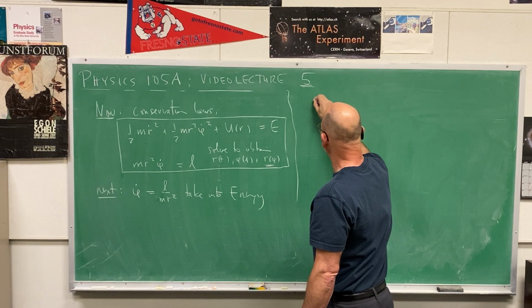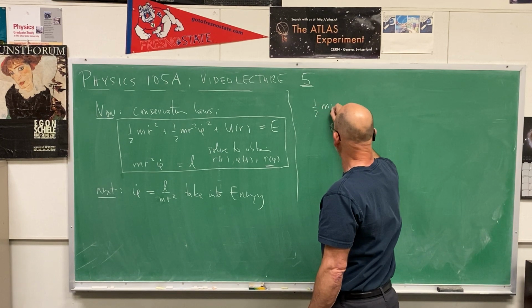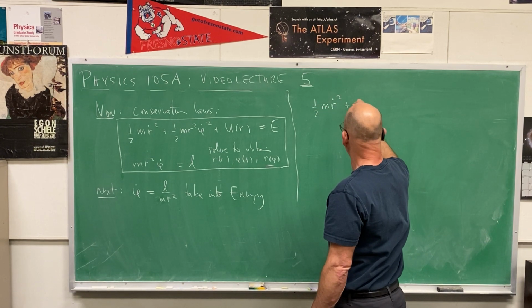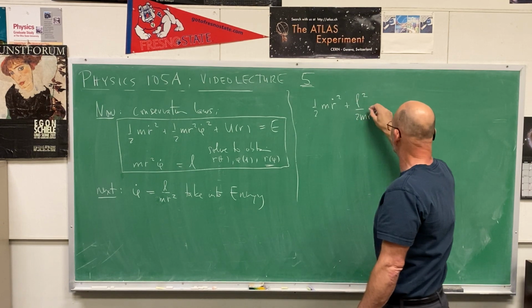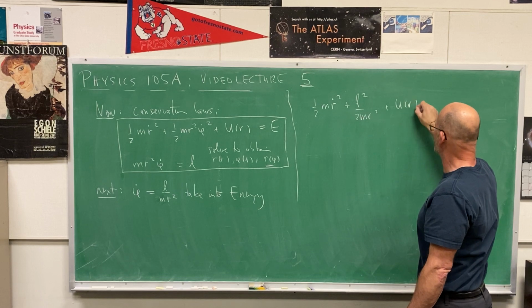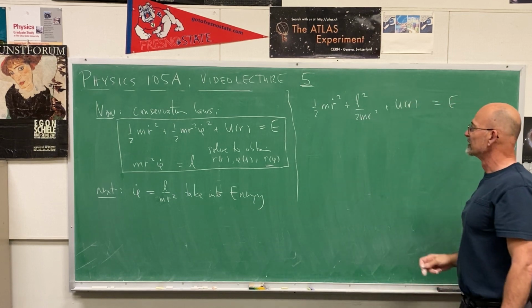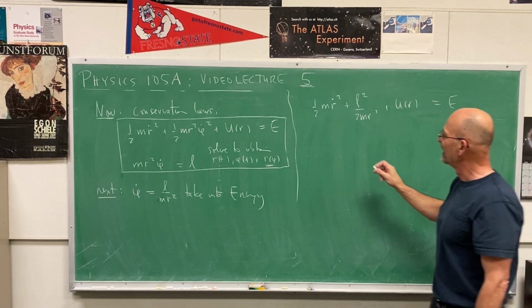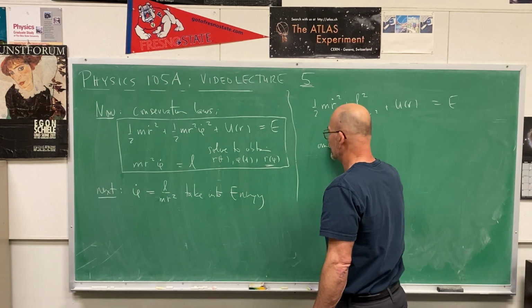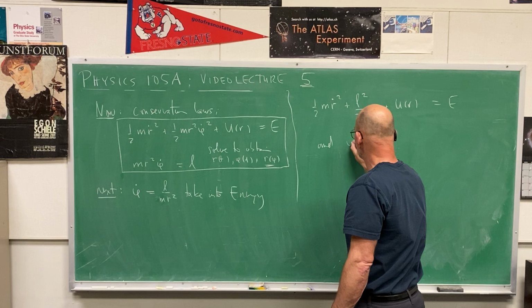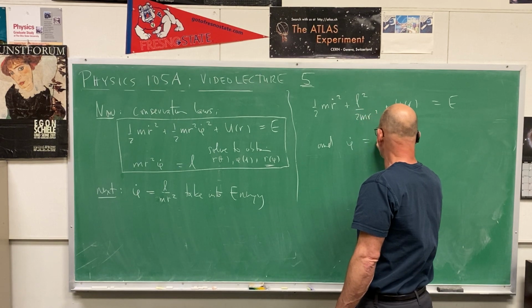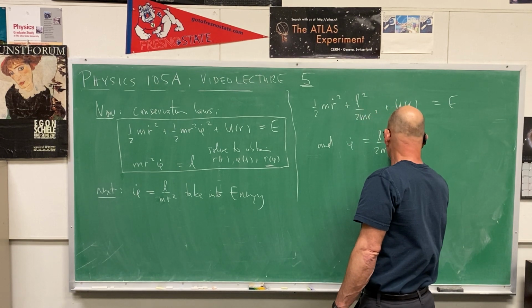Here's what I get. Write it down now. We have 1/2 m r dot squared plus L squared over 2 m r squared plus U of r is equal to E. So that's the energy now, and this hasn't changed, so I'll just write phi dot is equal to L over m r squared.